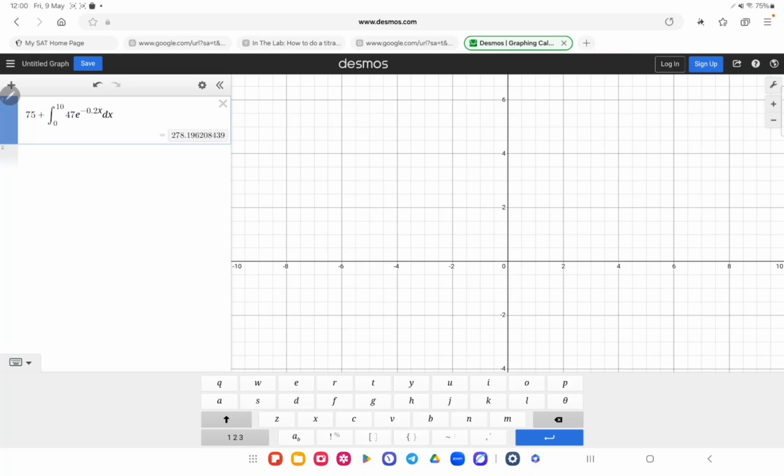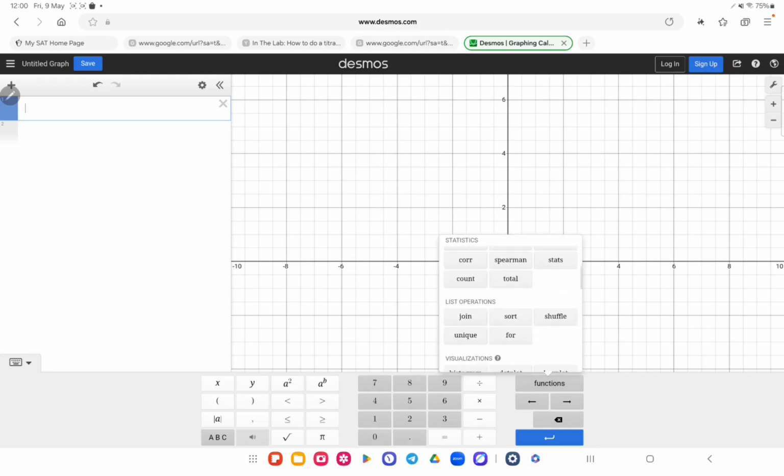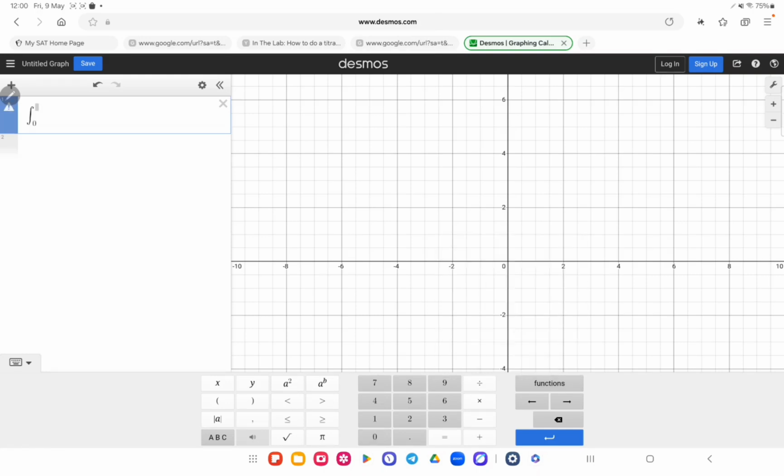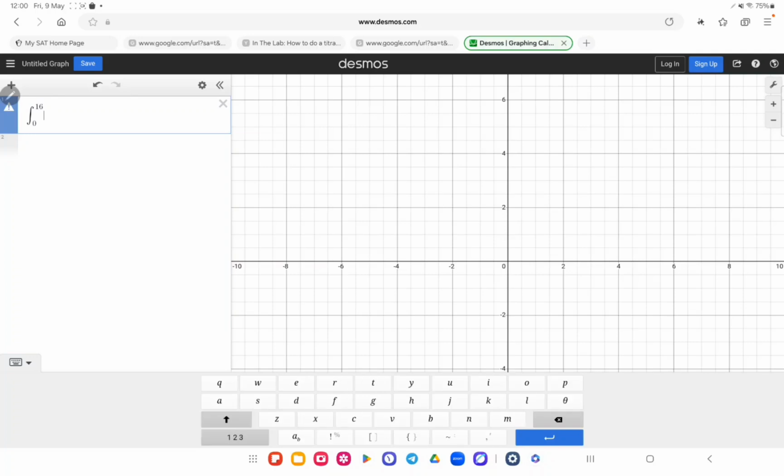So when Desmos is here, let's just do integration. So go to functions, int, from 0 to 16, pi over 2.